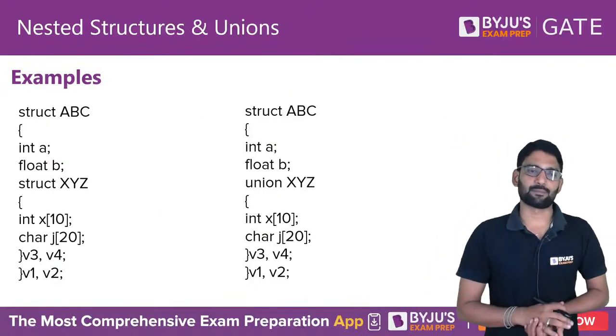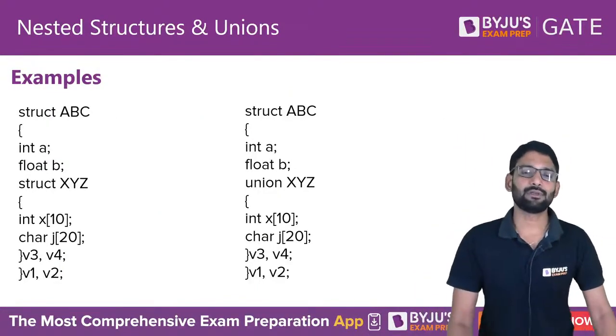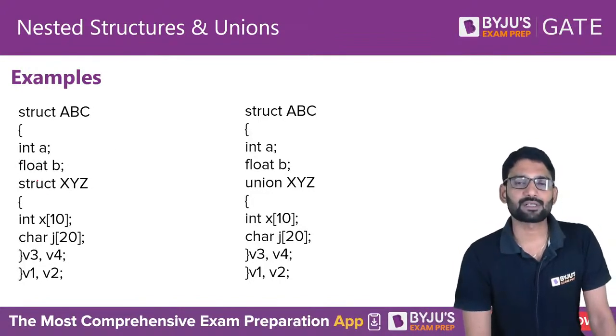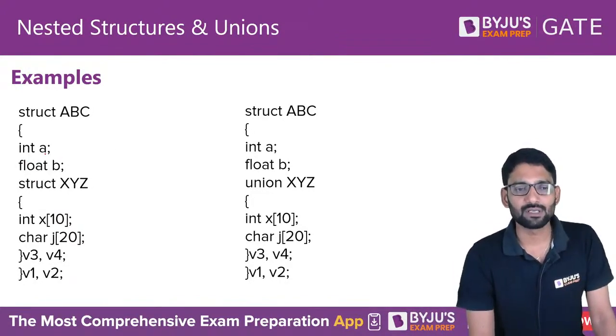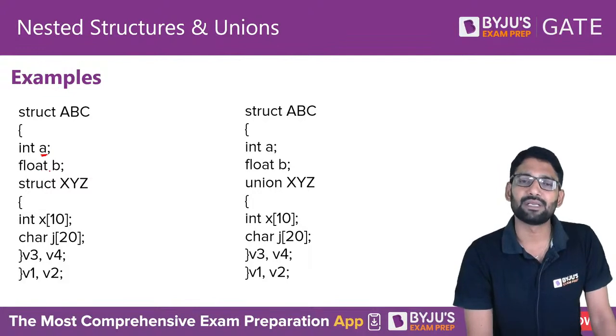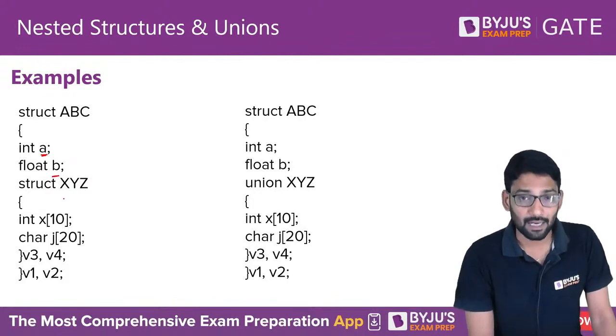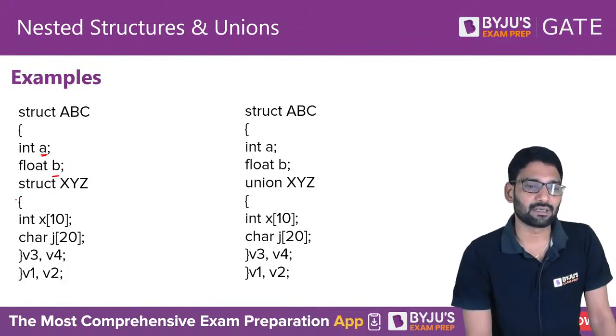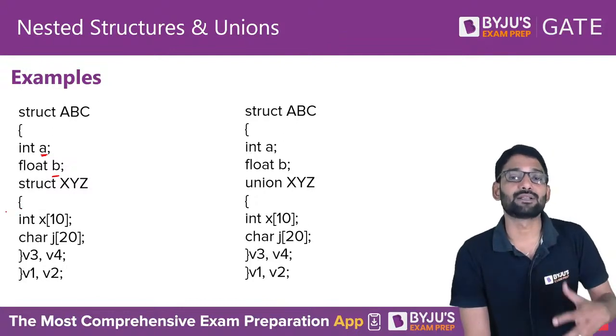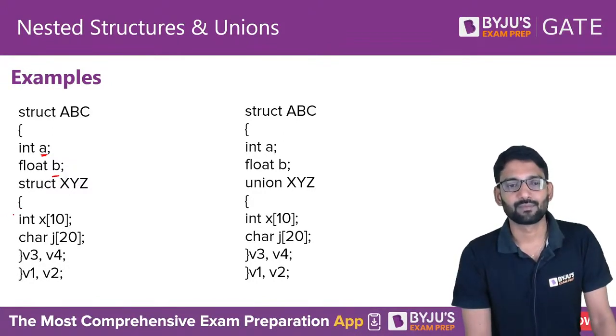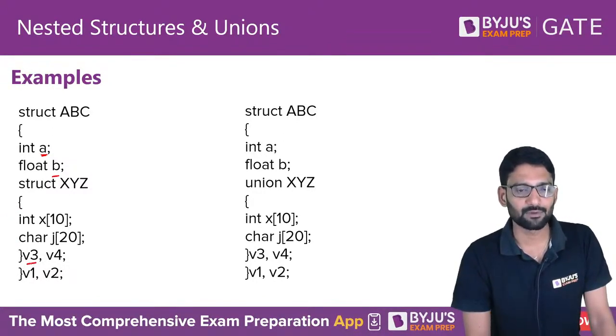Look at this example. I have struct ABC in which there are member A, member B and another member, that is inner structure. And for inner structure I have the variable V3, V4 and V1, V2 are the variables of outer structure.